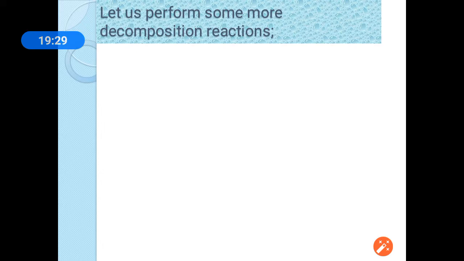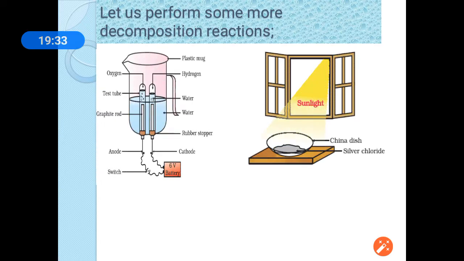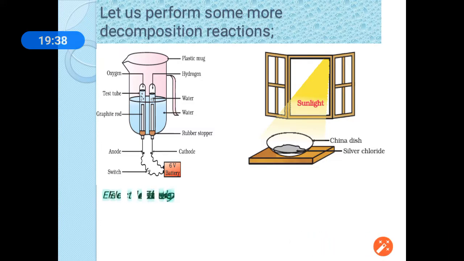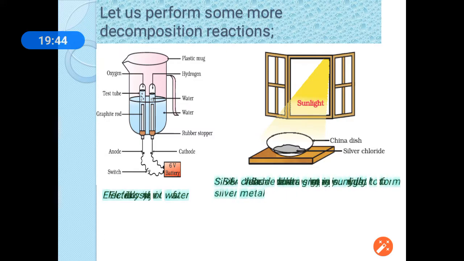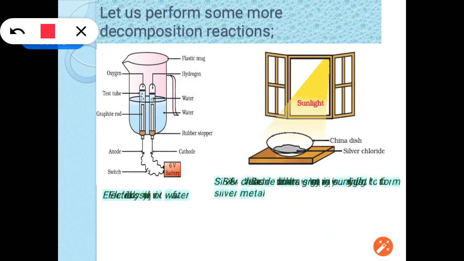Let us perform some more decomposition reactions. Here you can see the electrolysis of water, and here we'll take silver chloride in a china dish and put it in the presence of sunlight. In the first case we did the electrolysis of water.